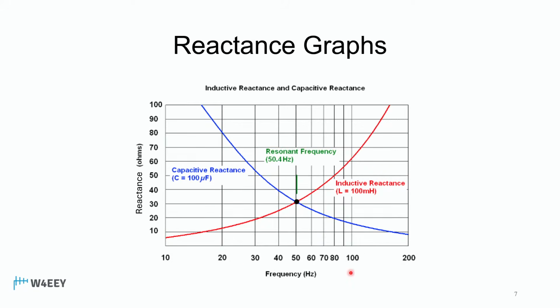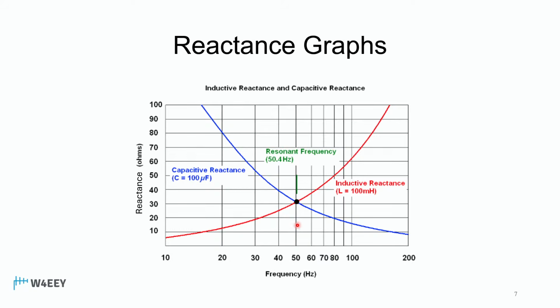So this happens to be an audio frequency example. And we can see that the inductive reactance starts here, and as the frequency goes up, it eventually becomes very high. The capacitive reactance starts high and gets smaller and smaller as frequency goes up, eventually becomes low.